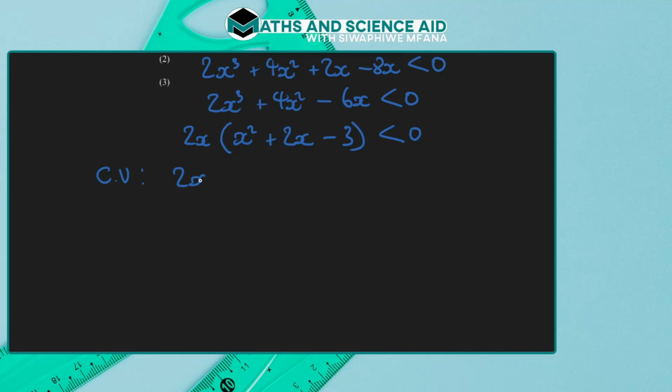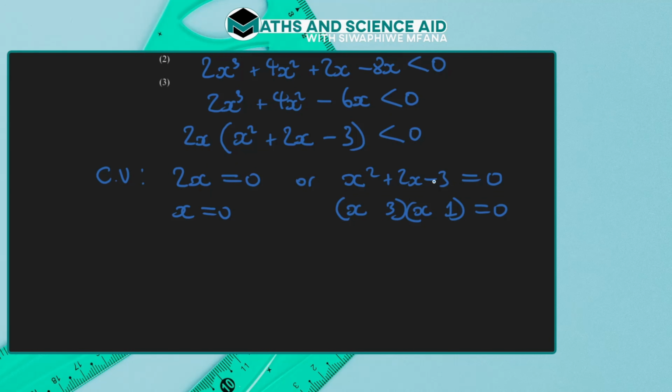And therefore, we can now find the critical values. The first one, we'll get it from 2x is equal to 0, which means that x is equal to 0. And we're also going to get another set of critical values from the quadratic equation. So we also set that to 0, and here we can solve it by factorization. So we've got x, and here we've got 3. The factors of 3 are 3 and 1.